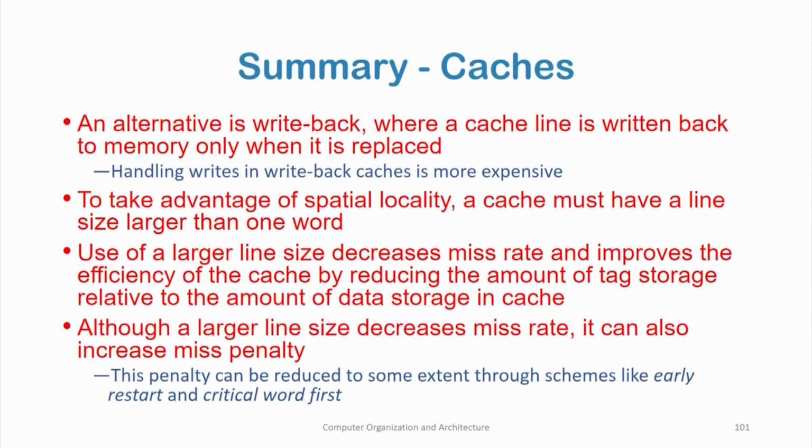If it was one word, then I have not brought words in its vicinity onto the cache, and therefore, even if the next word is accessed, that has not been fetched, because the blocks are of one word size.